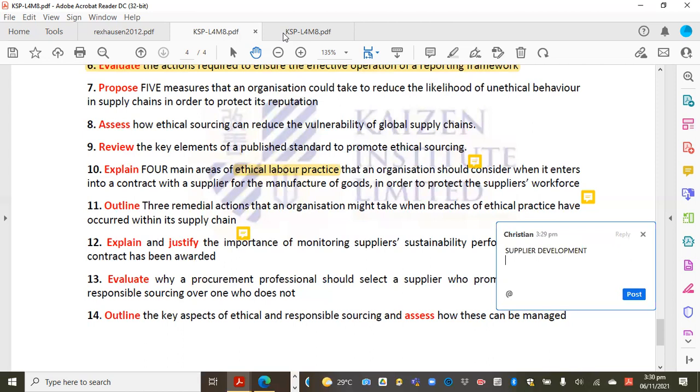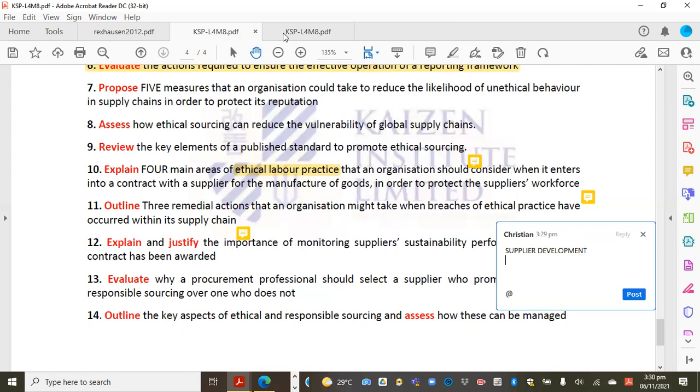So as part of supply development, you may want to pay a higher price to enable the suppliers to stop using children so that they can pay the elderly when they employ them. So it's all part of supply development. It can be training, it can be education, and all that.